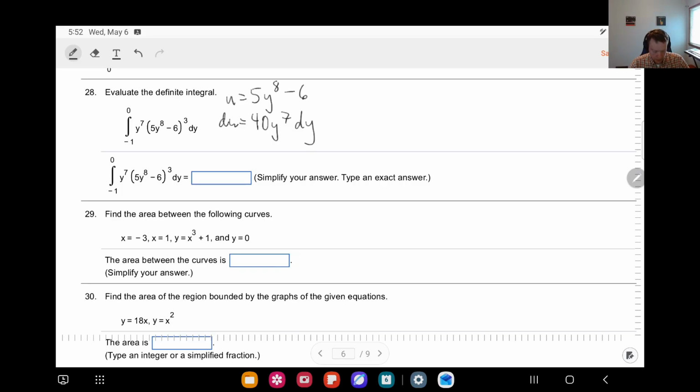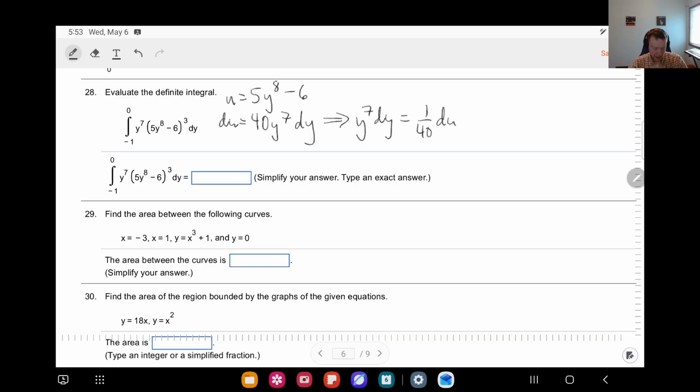So this one actually looks easier than the previous one, because what's truly in the integral is y to the 7th dy. I don't really want to have this 40, at least not on this side. y to the 7th dy is 1/40th du.